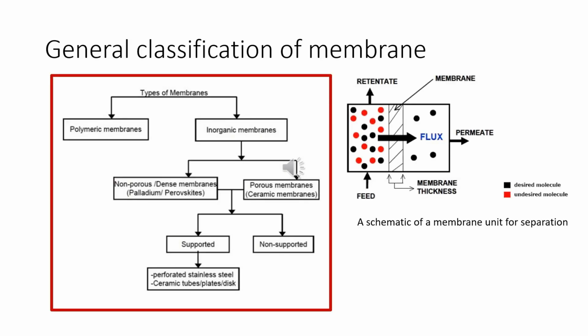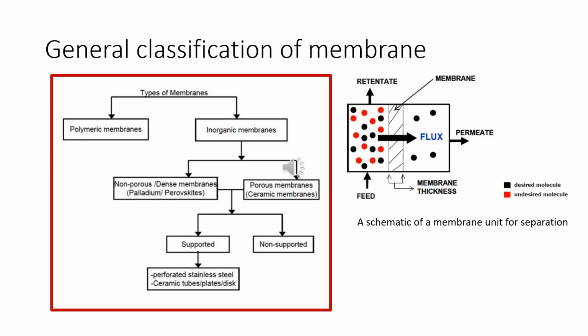So in general, we can classify membranes into polymeric membranes or inorganic membranes. A membrane can be homogeneous or heterogeneous, symmetric or asymmetric in structure, solid or liquid. It can either carry a positive or negative charge, or it can be neutral or bipolar.